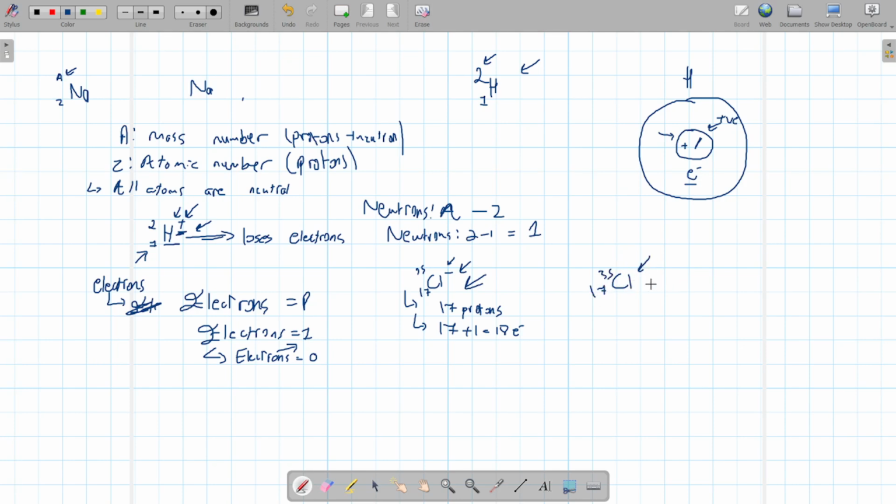How do you change this Cl into Cl minus? Obviously, you need to add one electron. In an atom, you know the nucleus is positive and it's always surrounded by negative electrons. You guys know positive always attracts the negative, right? So these negative electrons are always attracted to the nucleus.